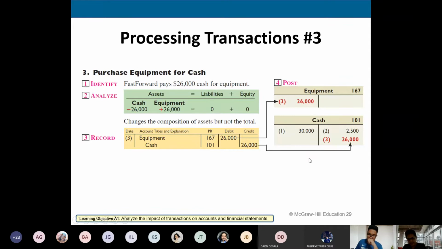Tama? Pag kinuha mo yung difference ng cash, debits, and credits, that would actually give you 1,500 debit balance. Nagets? Meron bang tanong? Nagets naman? Yes po, sir. Sige. Yes, sir.